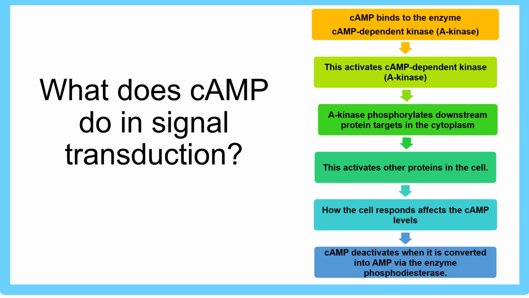And once you have your activated A kinase, this leads to phosphorylation of other protein targets because, as earlier mentioned, protein kinase A phosphorylates other proteins. So once these protein targets are being activated, the response varies and it can influence the cAMP levels. Now, the cAMP levels can be deactivated and converted into AMP via the enzyme phosphodiesterase.